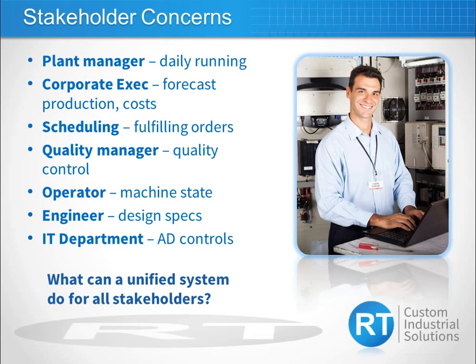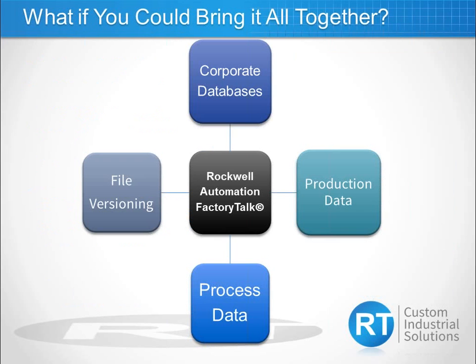So what can we do to help alleviate a lot of the pain that we see with the stakeholders all in one? Well, we could use FactoryTalk. Rockwell Automation has different products called FactoryTalk, and you hear the word used interchangeably.